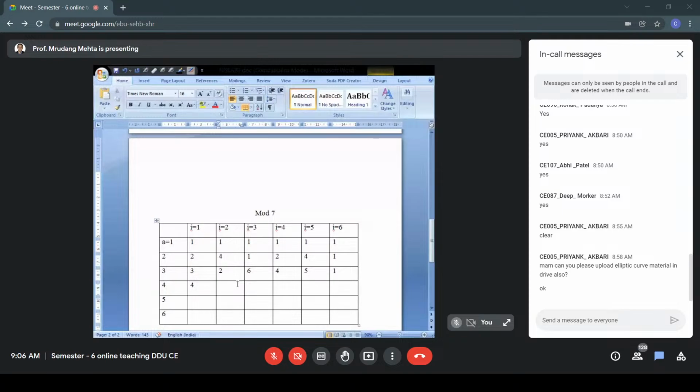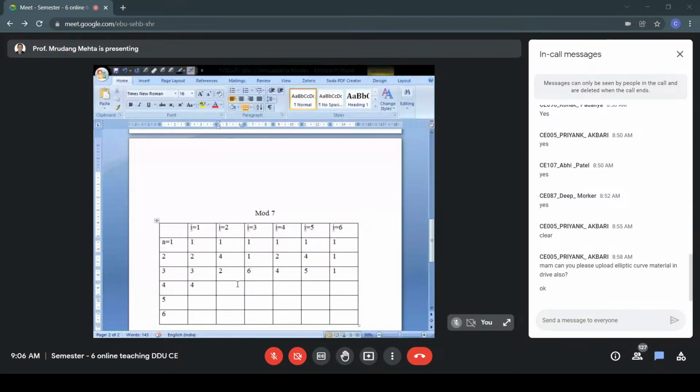So the condition which we have to apply is that if A raised to I mod 7 is 1 while I is not phi of P, or P minus 1, then break. Otherwise, continue.